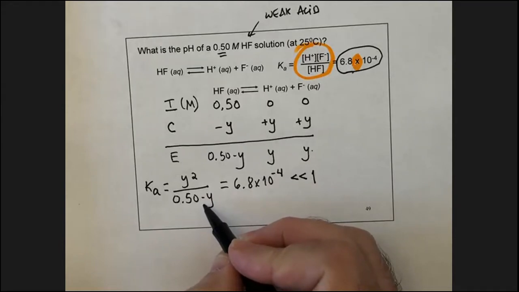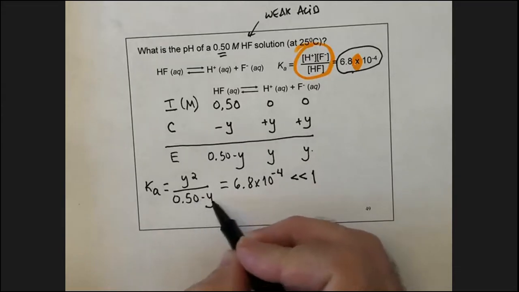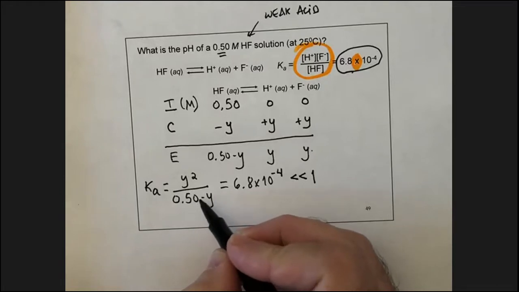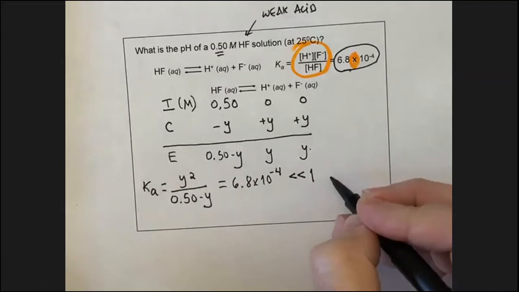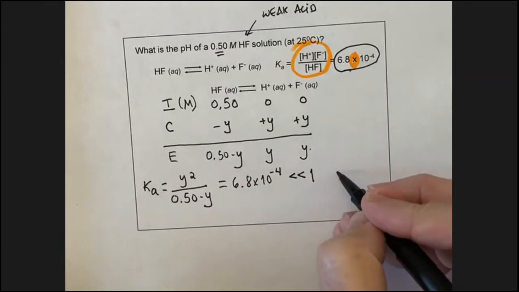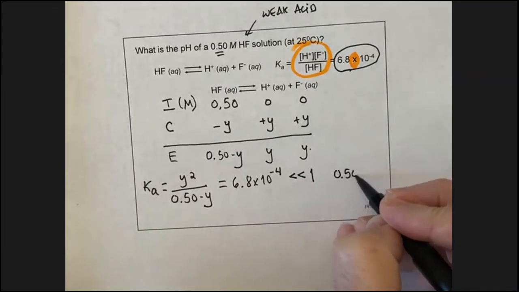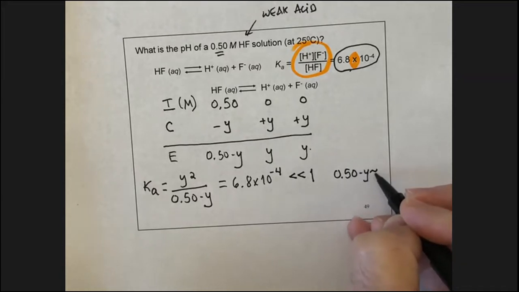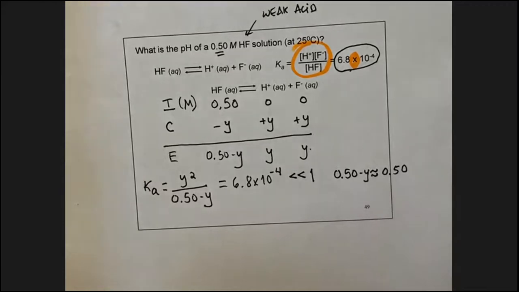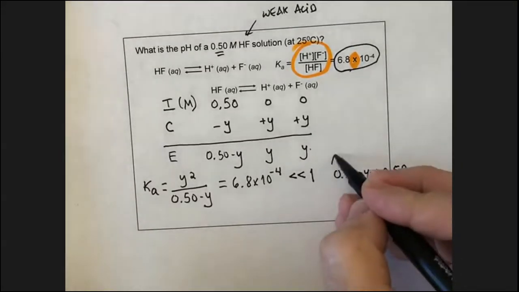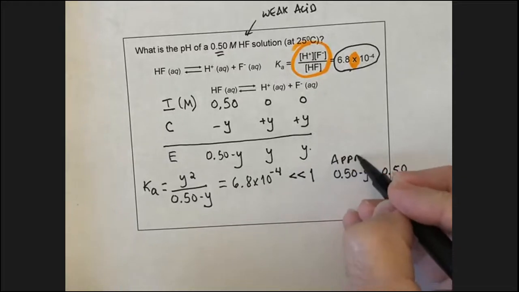And that means that the change in the molarity, the ionization of my acid, is so small that we could say that approximately 0.50 minus Y is pretty much unchanged.